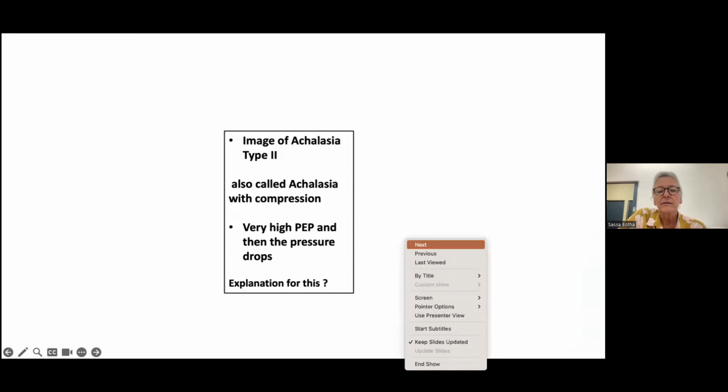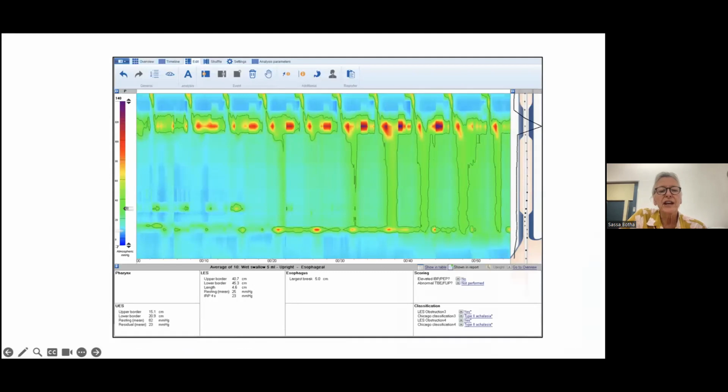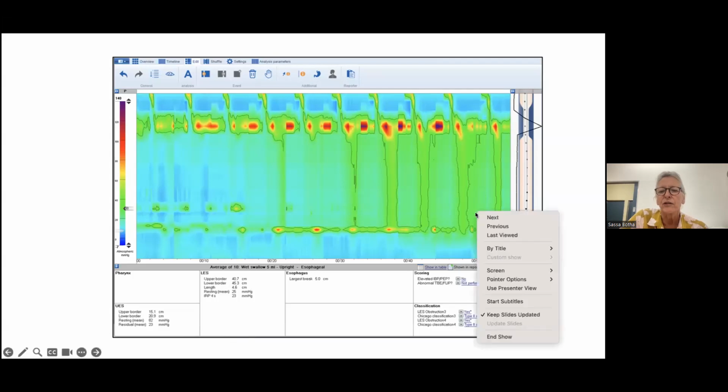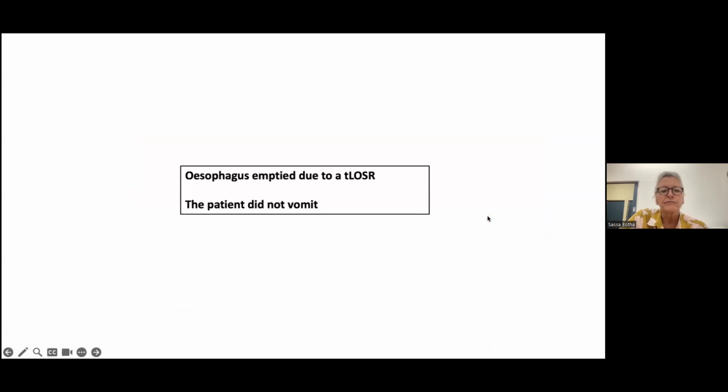Let me just quickly go on. Okay, here you can see what she had was a transient relaxation. So the lower sphincter relaxed, and then the food went through. So you can see the pressurization was relieved. It wasn't as high as the first one I showed you. So she didn't vomit.